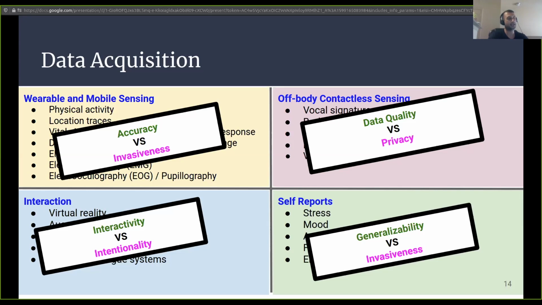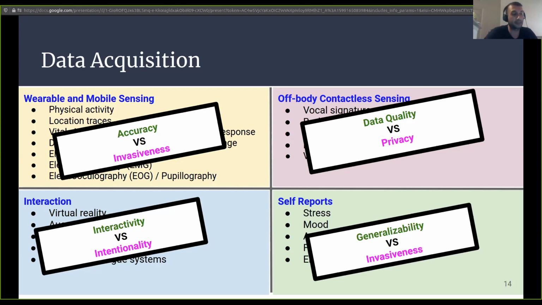In terms of interaction, there is usually a trade-off between interactivity and intentionality, which means the more you fine-grain an interaction scenario, the less freedom you give to the subject to act naturally. Thus, the less realistic are probably your assumptions, but at the same time, the clearer is the data that you eventually are going to get, with less noise.